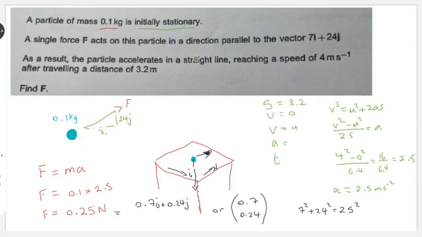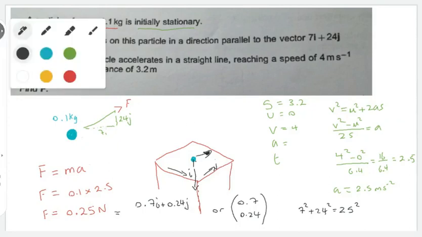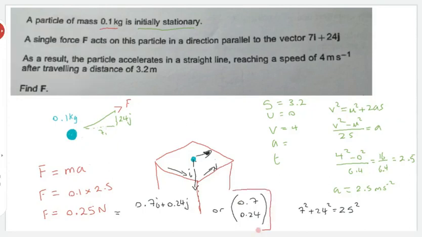But because F is acting parallel to the vector 7i plus 24j, the two components would be 0.7 in the i direction and 0.24 in the j direction. So this is our final answer, either one is fine. We know that 0.7 squared plus 0.24 squared is equal to 0.25 squared.